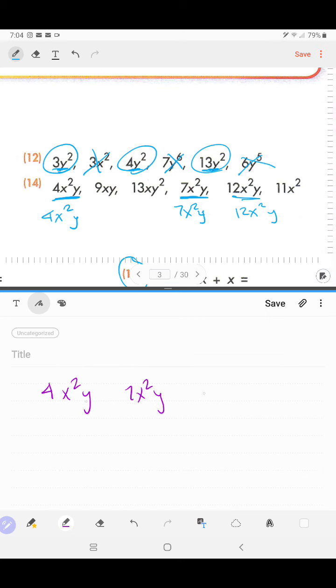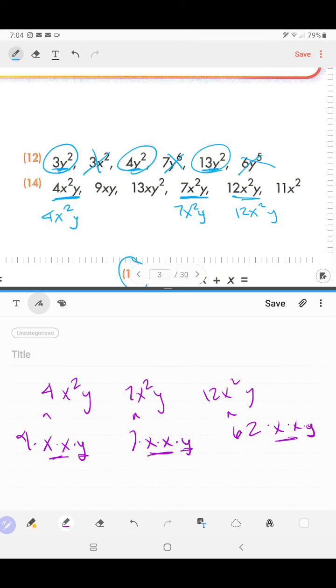This is 4 times x times x times y. This is 7 times x times x times y. And this is 12 times x times x times y. So they all have 2 x's, 1 y. So those are all like terms.